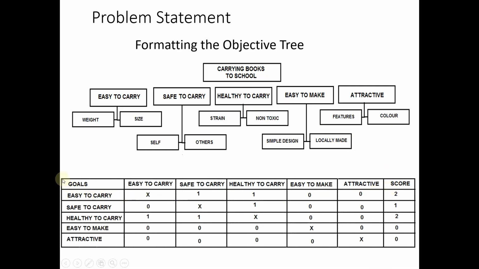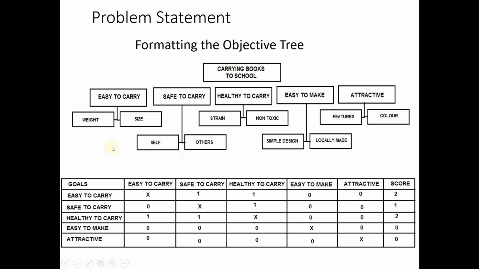After that, we format this into a matrix form or a table form, like the goals that are mentioned here: easy to carry, safe to carry, healthy to carry, easy to make, attractive. And this is a one-on-one matrix or a relationship matrix, which means how each of these goals or attributes are related to one another.